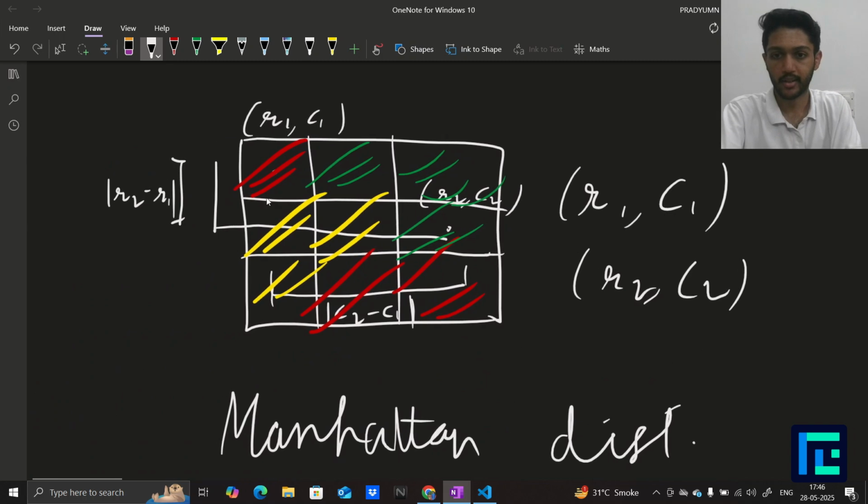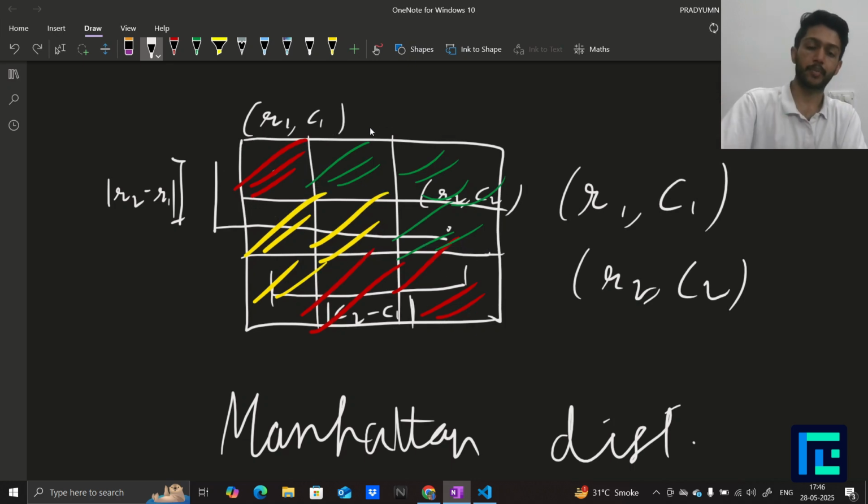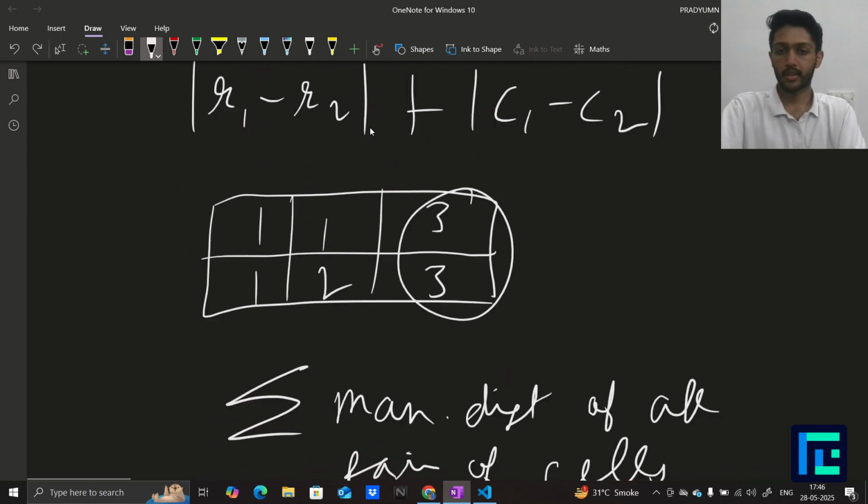So here we had 3 whites, 3 yellow cells, 3 red cells, and 3 green cells. So we want to find the sum of all colors. So we can just find out the answer for this yellow color first, the sum of all pairs having this yellow color. Then we can find the sum of all pairs having this red color, and then the sum of all pairs having this green color, and we can add them up, right?